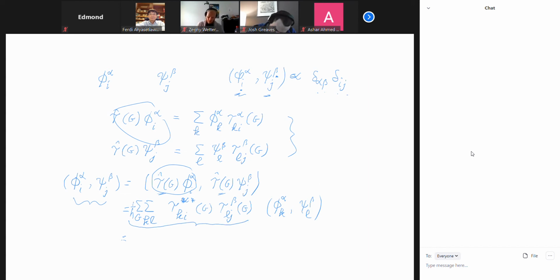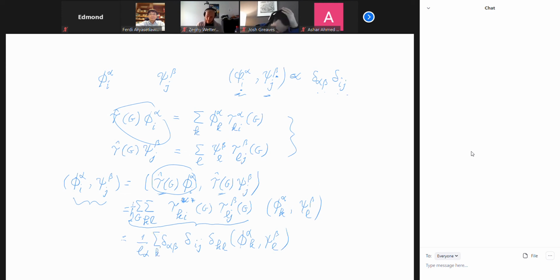That gives me 1 upon l alpha, because I already have the h, and then I have delta alpha beta, orthogonality, and then delta ij. And then I also have delta KL, and this thing. So then you sum here over K, L.